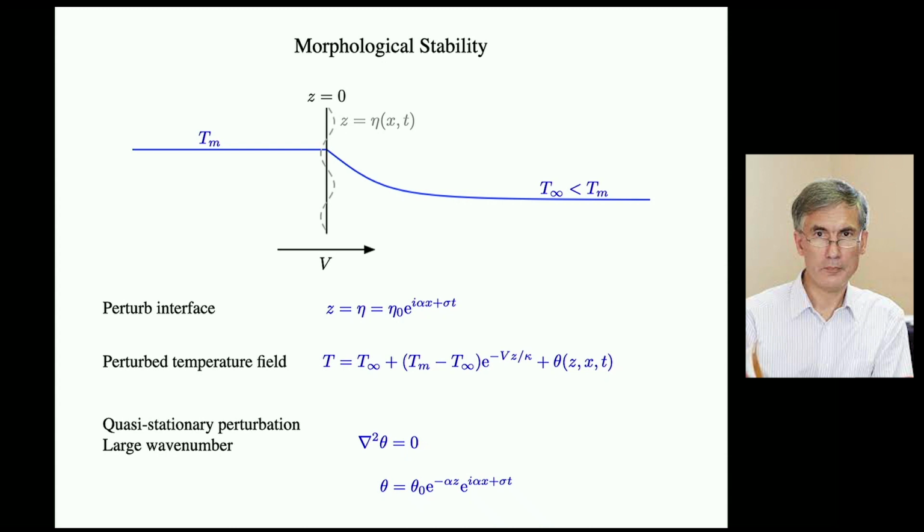Now remember, in detail, that required an interface temperature that was kinetically undercooled. I'm going to sweep a lot of details under the carpet. They're sort of technical. Just trust me that everything I tell you is kosher or can be made kosher.